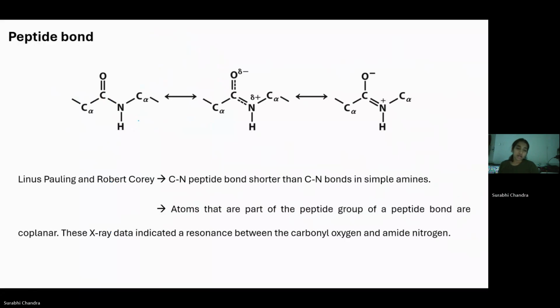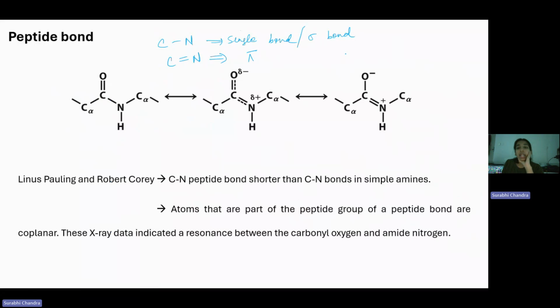Now, these are the few things to be kept in mind. Now, X-ray diffraction studies by Linus Pauling and Robert Corey found that the general C-N bond is a single bond or sigma bond. Then you have C double bonded to N, which is a pi bond.